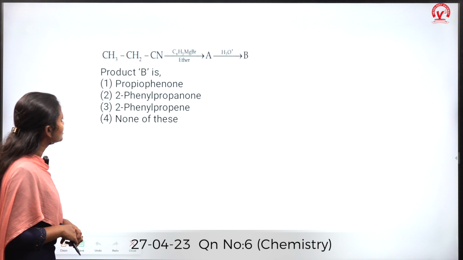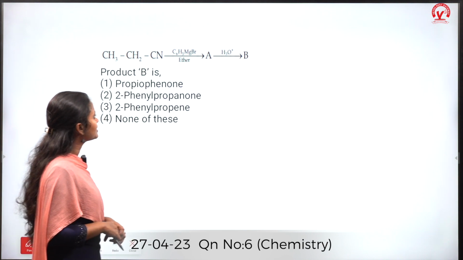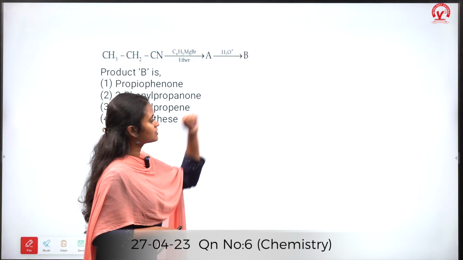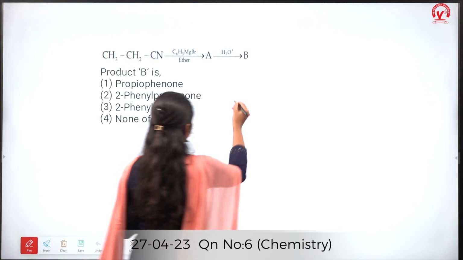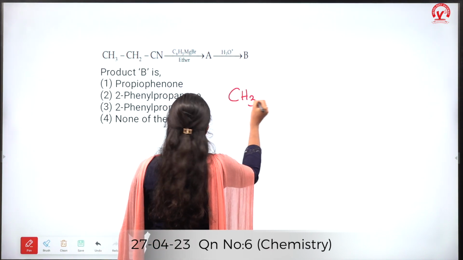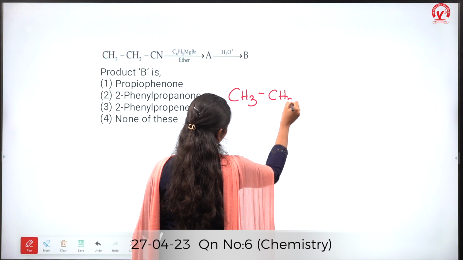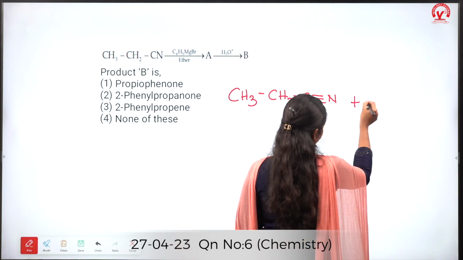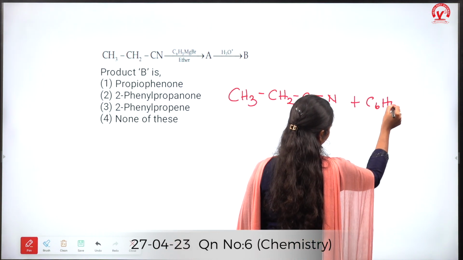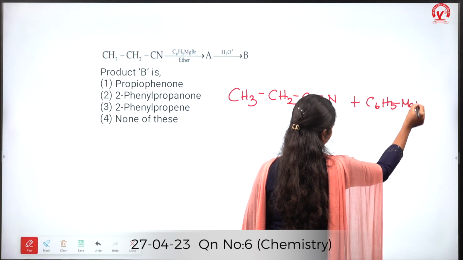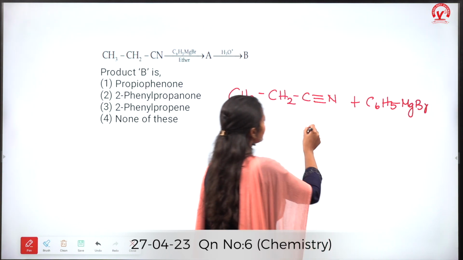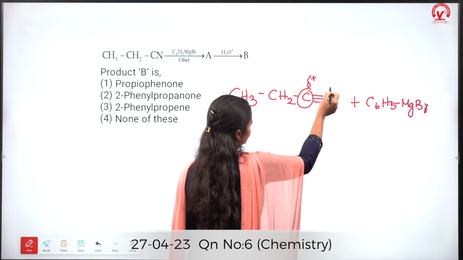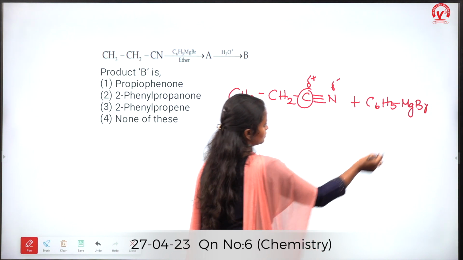Here the nitrile group reacts with a Grignard reagent in the presence of ether, which gives a product A, which on further hydrolysis gives a product B. The reaction is CH3CH2C triple bond N reacted with C6H5MgBr. In the nitrile group, the carbon has a partial positive and the nitrogen has a partial negative.